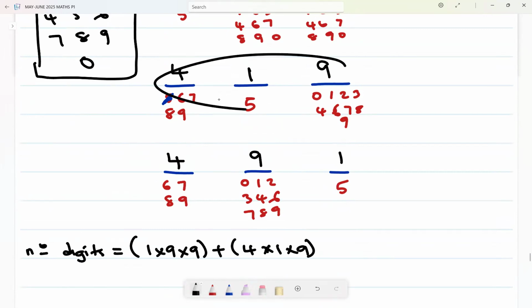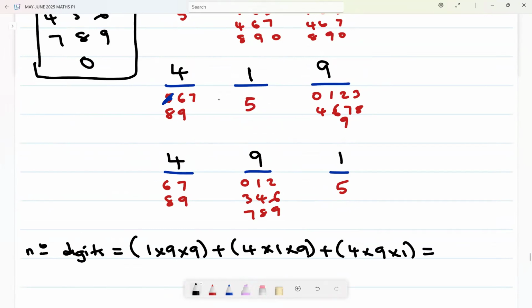Can you see this one is just the same as that one, but I'll just add it: 4 times 9 times 1. It gives me something like 1 times 81 plus 36. Oh, I'm lying, guys. 81 plus 36 squared. Ish.